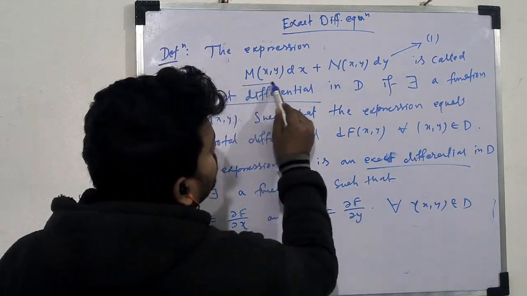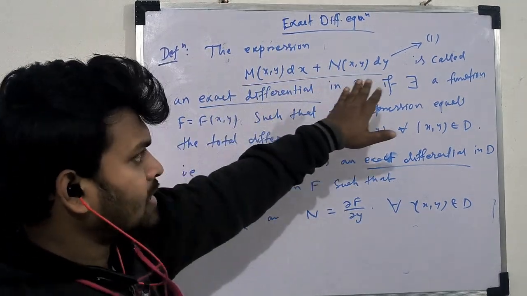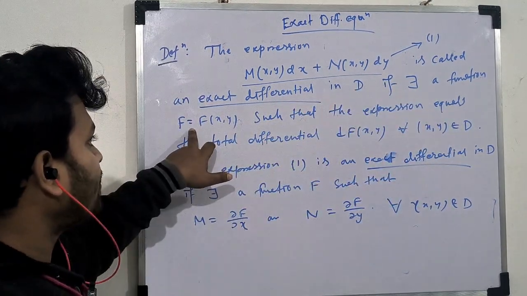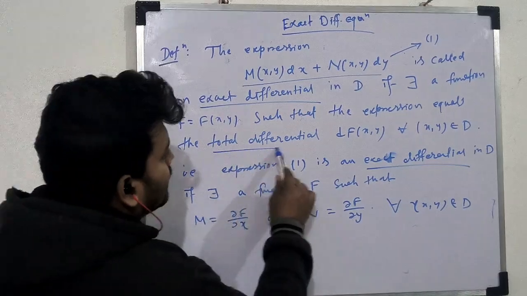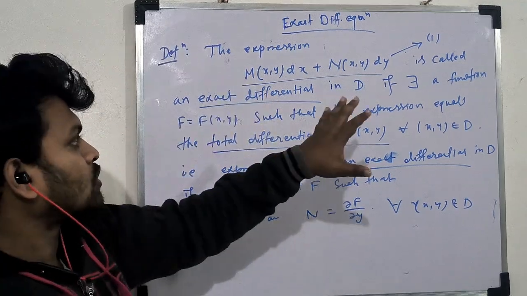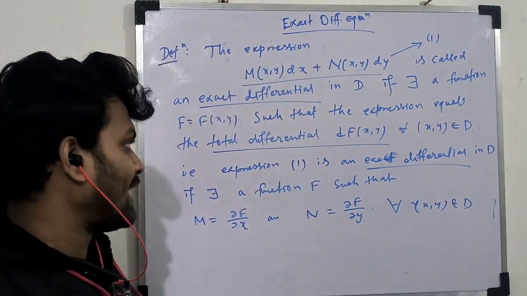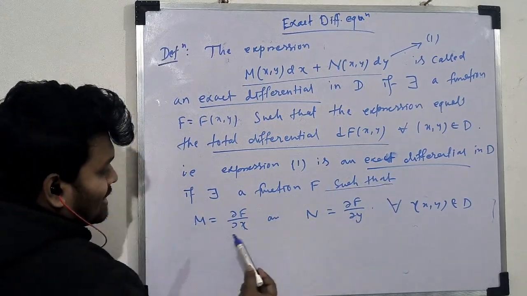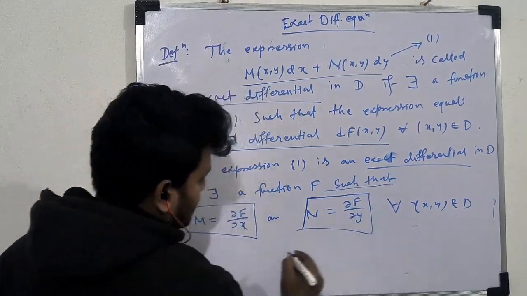Let this expression, the left hand side of the differential equation, M dx plus N dy, be called an exact differential in a domain D in the xy plane if there exists a function f of two real variables x, y such that the expression equals the total differential df for all (x,y) belonging to D. That is, this expression is an exact differential in D if there exists a function f such that M equal to del f del x and N equal to del f del y.